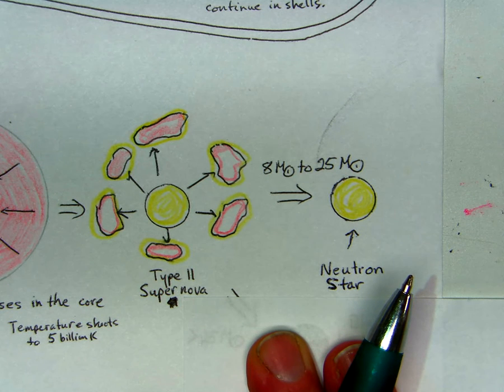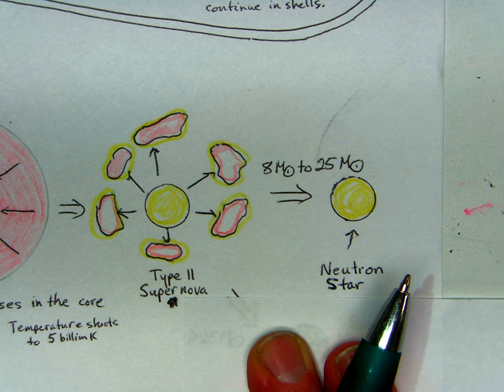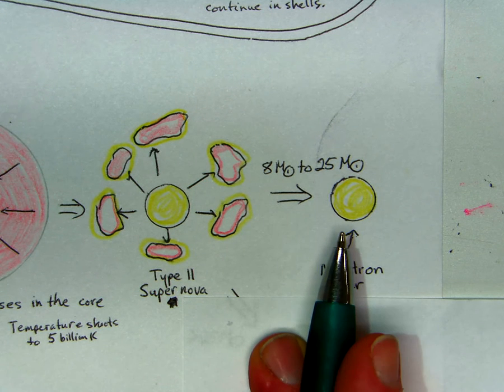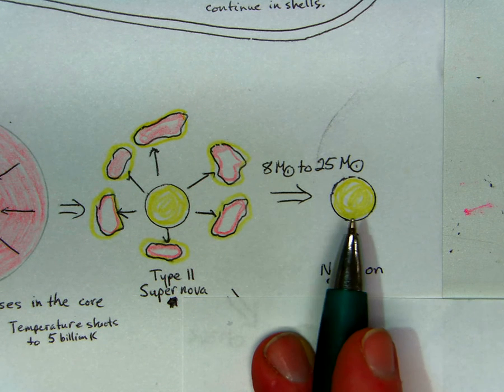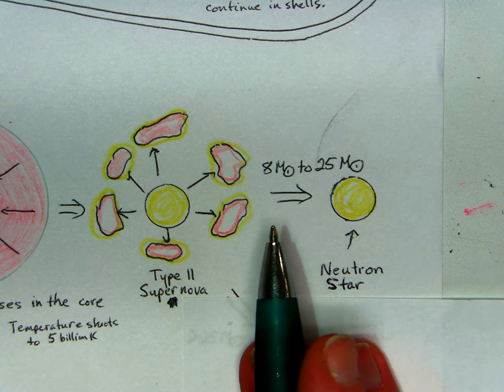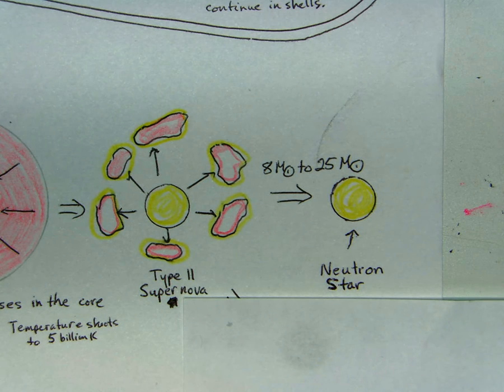As it was all compressing in, basically it took electrons, shoved them in with protons, so forced them together in the nucleus, and turned it into just a neutron. And that's all the star is made up of, are neutrons. So they call it a neutron star.